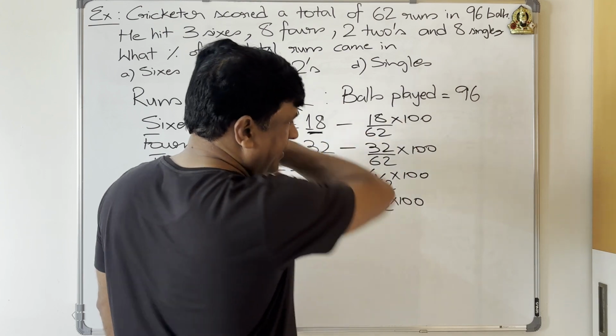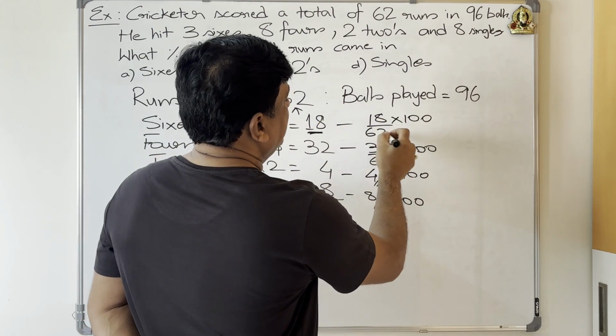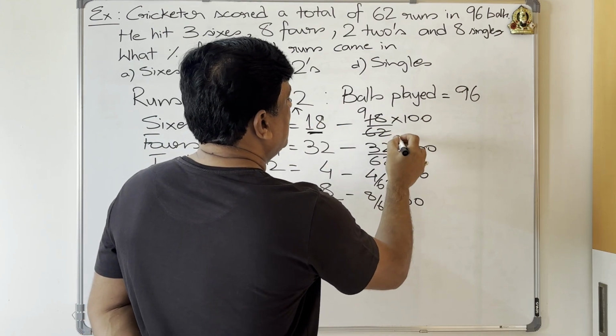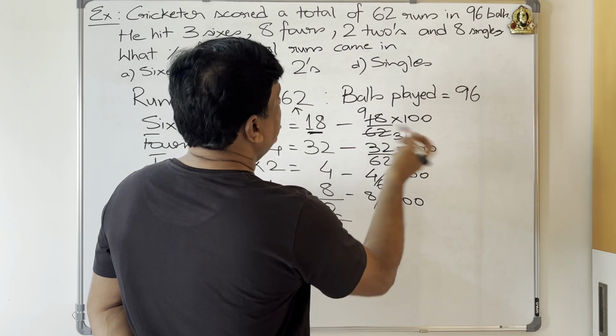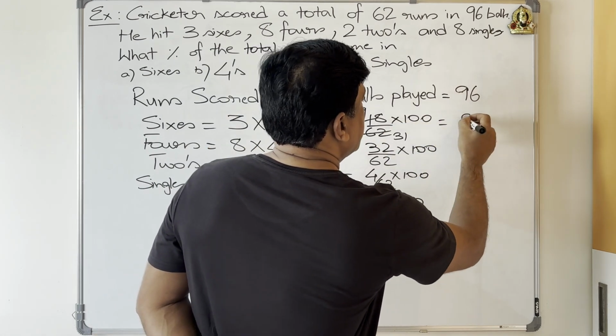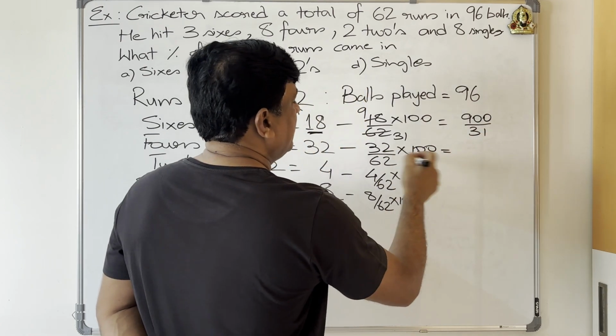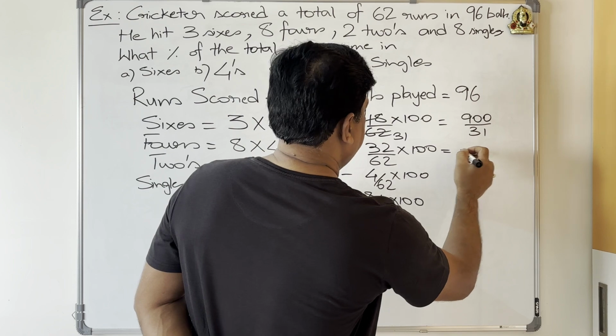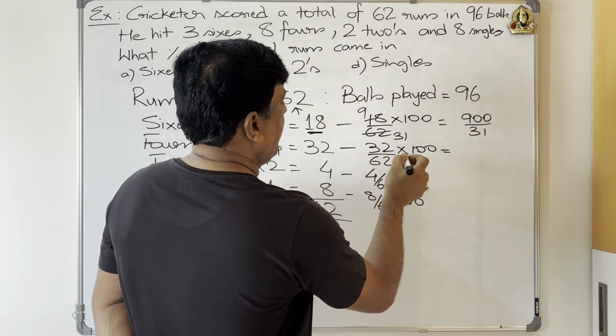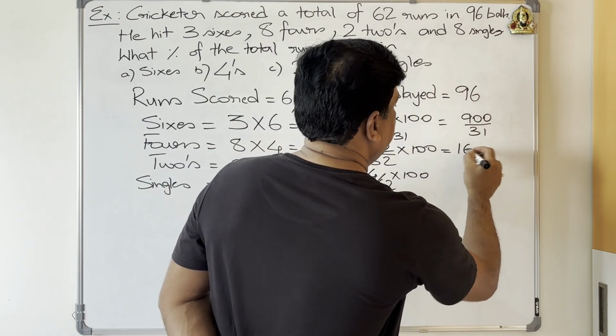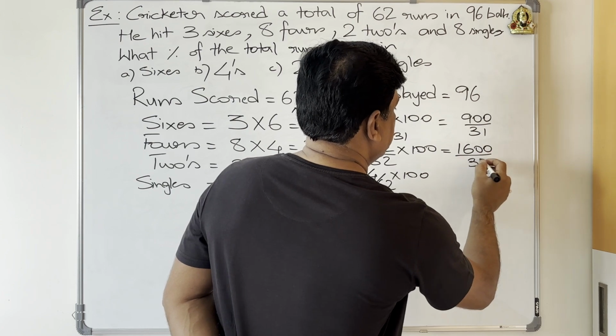So what do you get over here? So 2 9s are 18, 2 31s are 62 over here, right? So it will be 900 by 31 over here. Here it will be 1600 by 31, right?